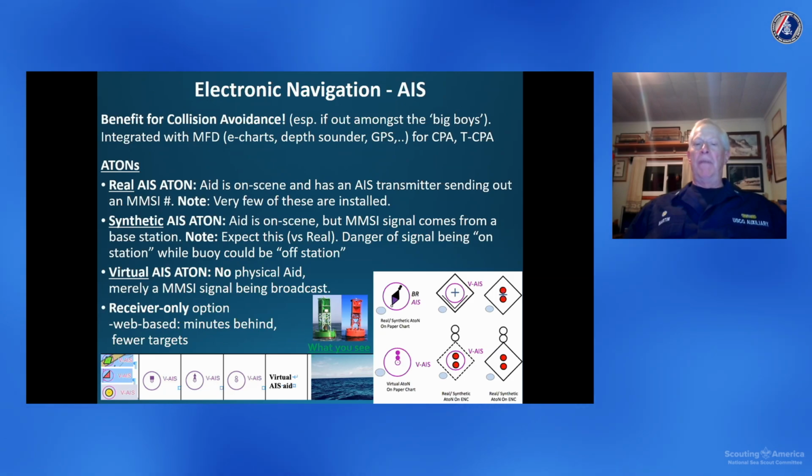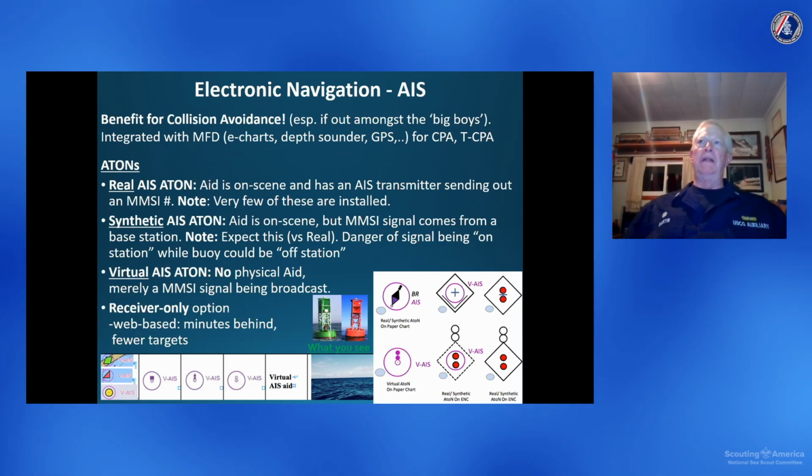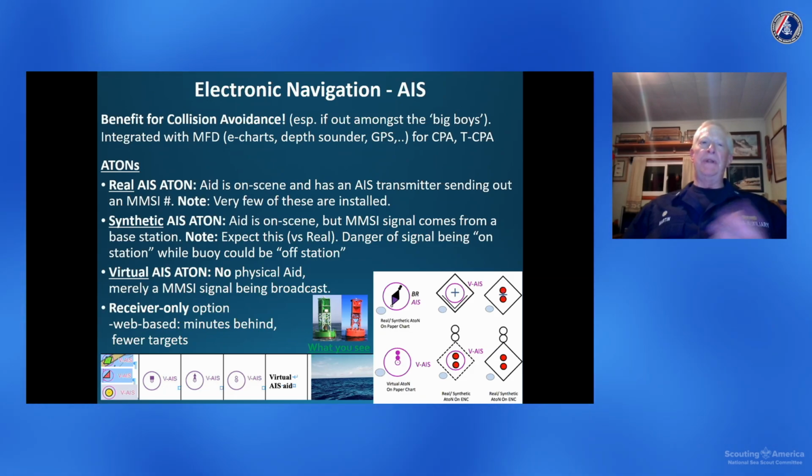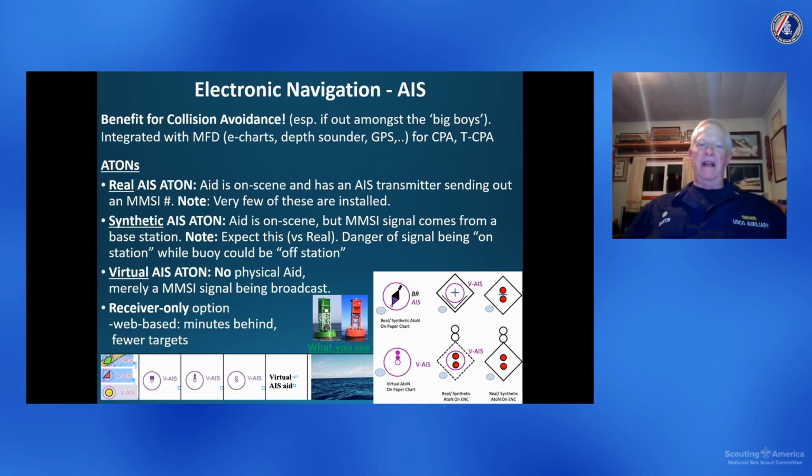Synthetics are basically AIS equipped, but they put out a signal like that one that I showed you before with the radar return. That was a synthetic AIS ATON. That one would give you a signal, and it would also be on station.